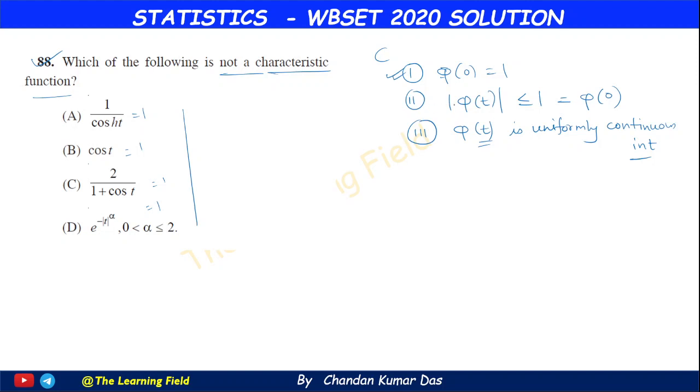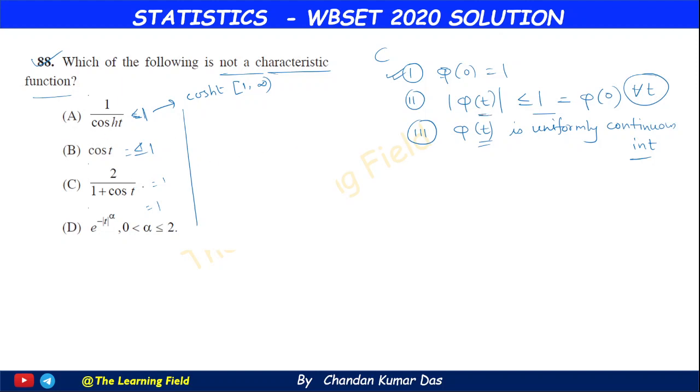Now by property 2, mod of phi t is less than or equal to 1 for all t. Since the range of cos hyperbolic t is 1 to infinity, 1 by cos hyperbolic t must be less than or equal to 1. Similarly, we all know that mod of cos function is less than or equal to 1, and in this case these two remain. Now this is bounded for all t.